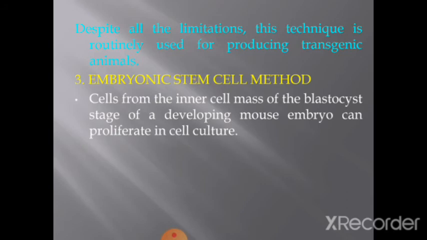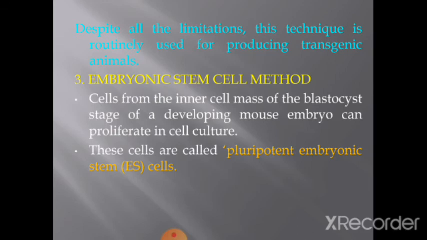Cells from the inner cell mass of a blastocyst stage of a developing mouse embryo are taken and made to proliferate in cell culture. You have to take the blastocyst stage of a developing mouse embryo, identify the inner cell mass, take them out, and culture them. They proliferate in the culture.